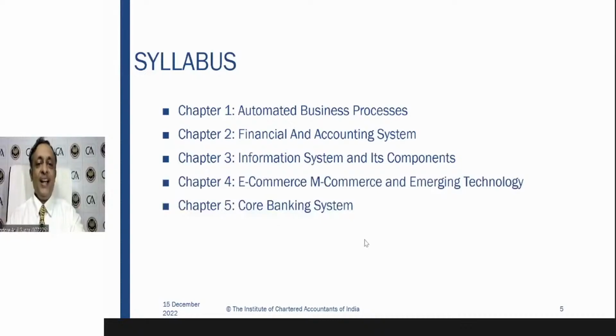I'll continue. Now, these are the 5 chapters of the module: automated business processes, financial and accounting system, information system and its components, e-commerce, m-commerce, emerging technology, and core banking system.